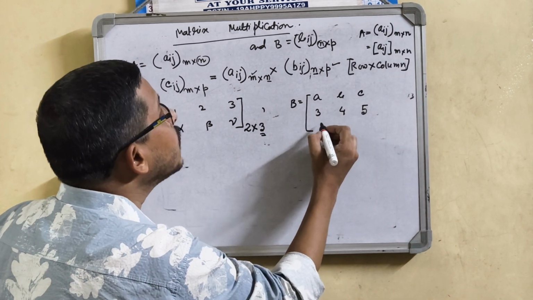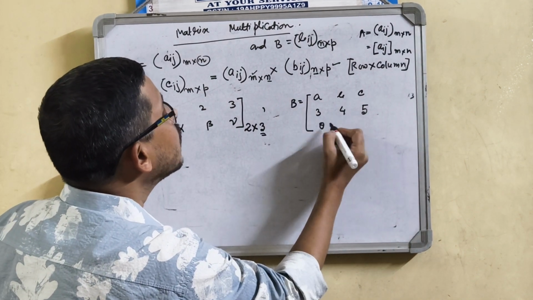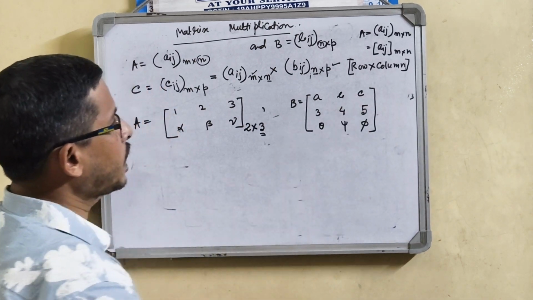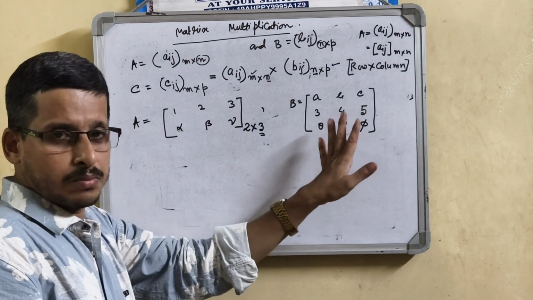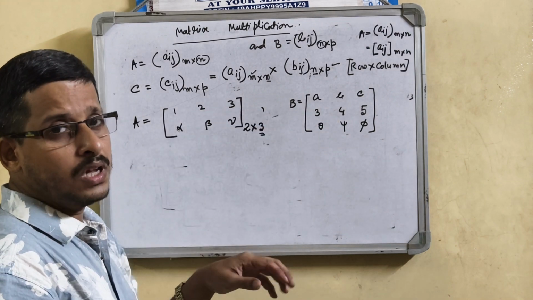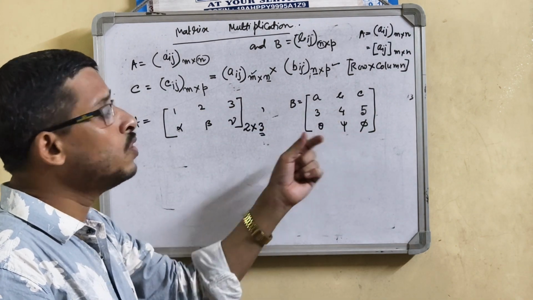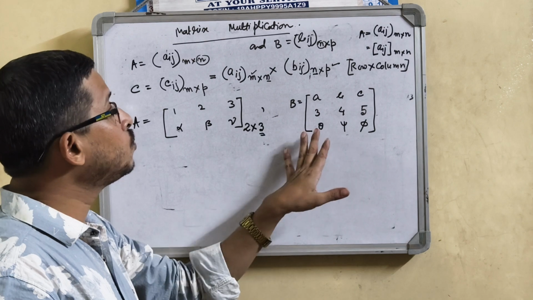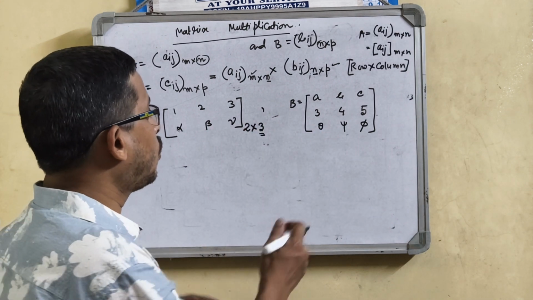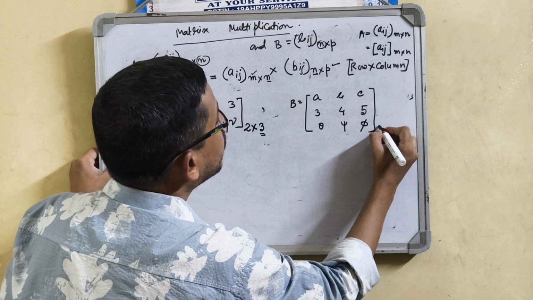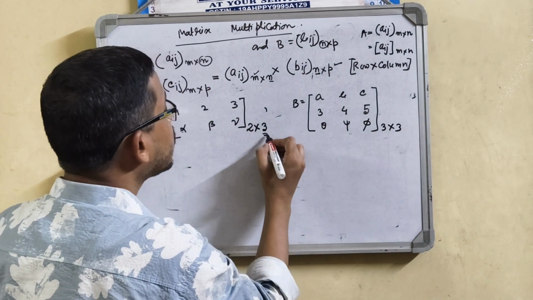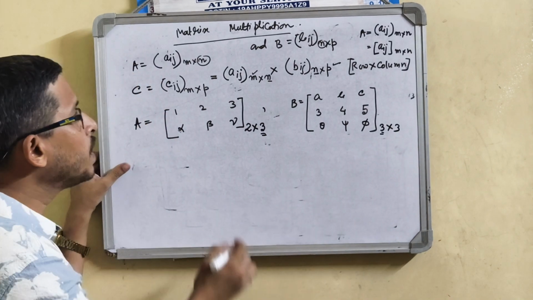And now we may consider theta, psi, phi. We assume the matrix very arbitrarily to help you understand. If we take different numbers, it will be easy to show you the number of rows, the number of columns and the elements also. This is a third-order matrix, with 3 rows and 3 columns; the number of rows and columns are the same.